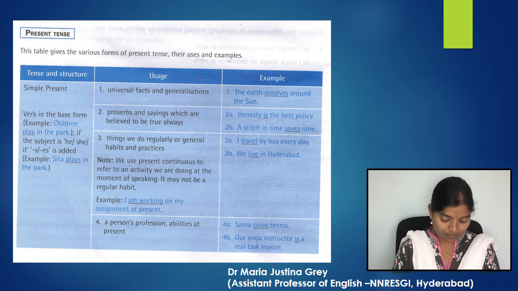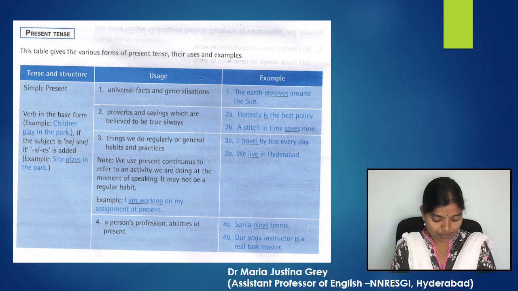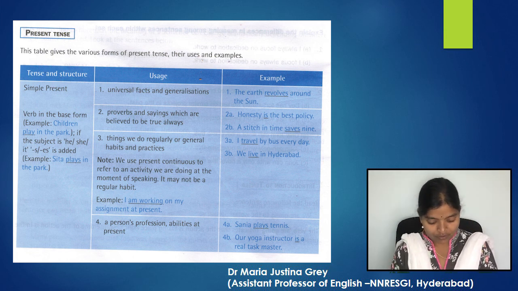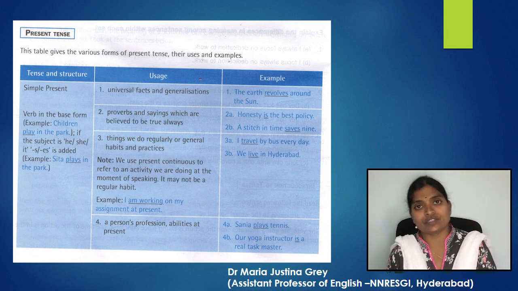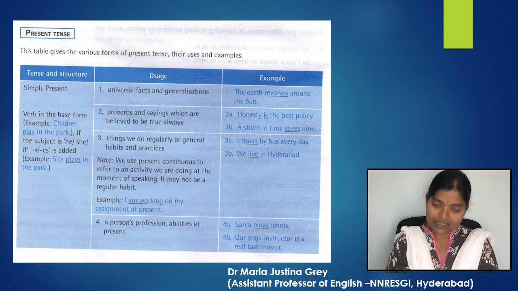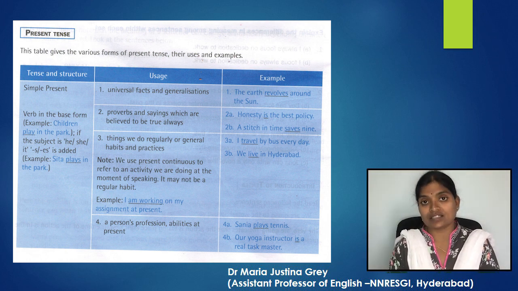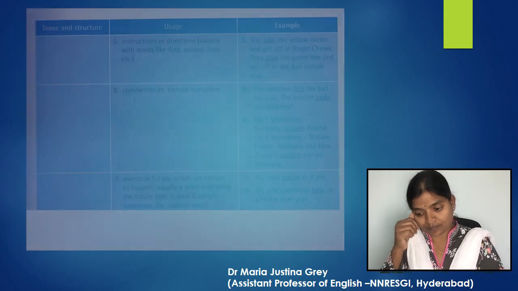Number 4, we also use simple present to talk about a person's profession or abilities at present. For example, Sanya plays tennis. Or, our yoga instructor is a real taskmaster.